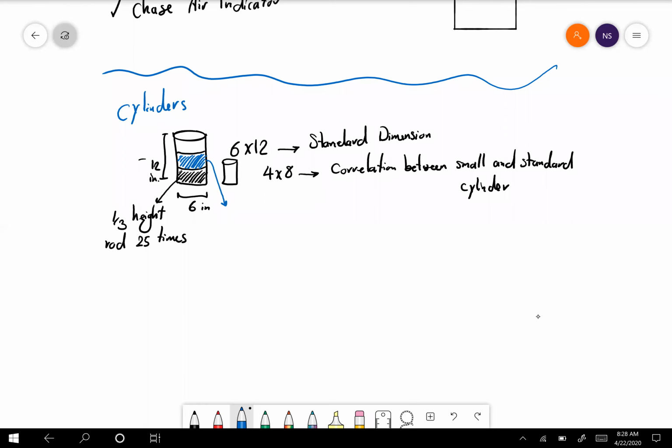So second lift, you do it again, rod for 25 times, and then you do it for the last one. That's the third lift. And you do the same, the rodding 25 times.